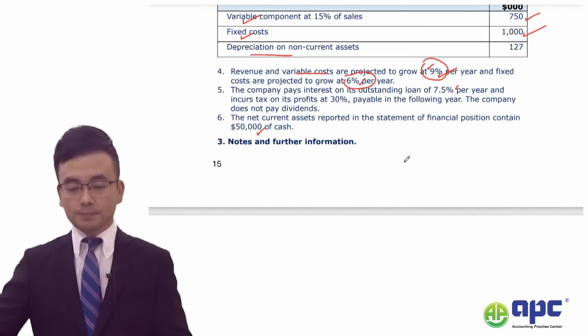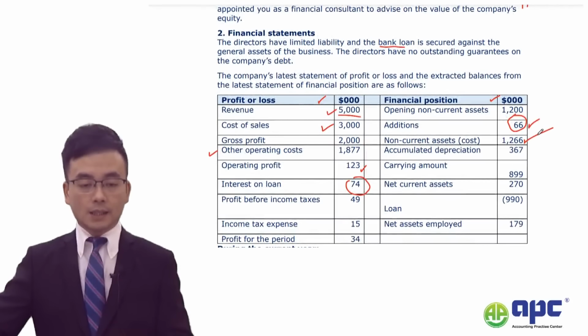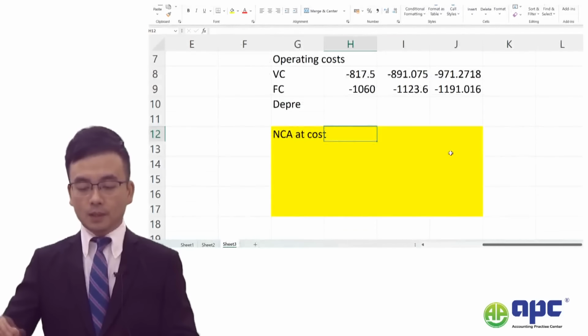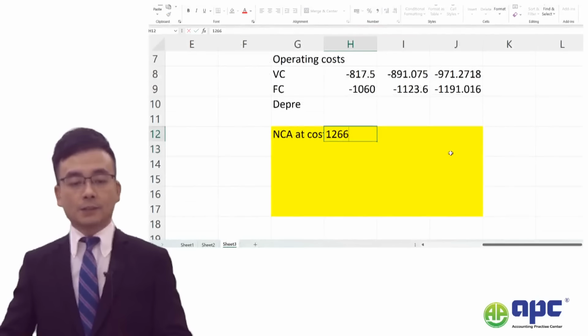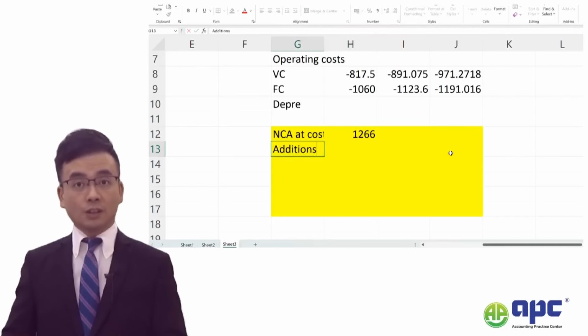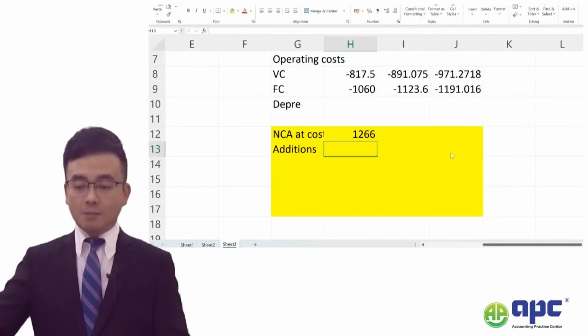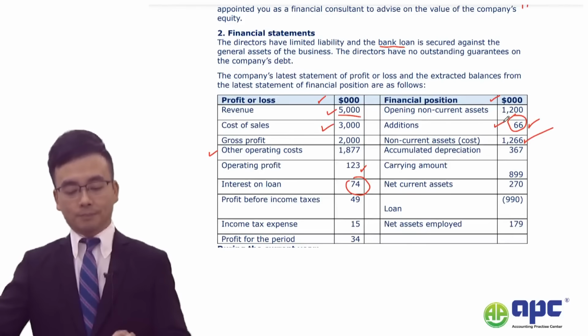how much? The total is about 1266 at the very first start. So the non-current asset cost, firstly, is 1266 at the very first start. But that will change. So for example, there are additions during the year. But how much? Because now the additions are 66, but will grow at 20%.